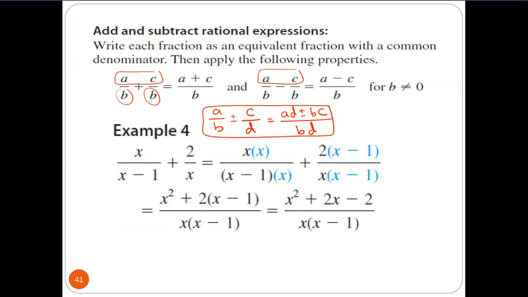Look at this here. We have x over x minus 1 plus 2 over x.